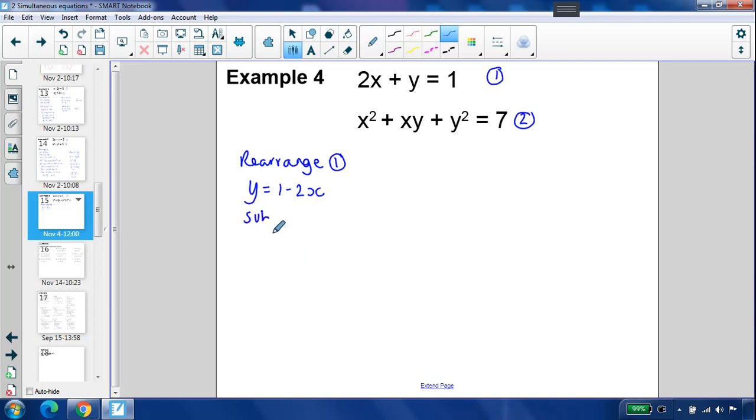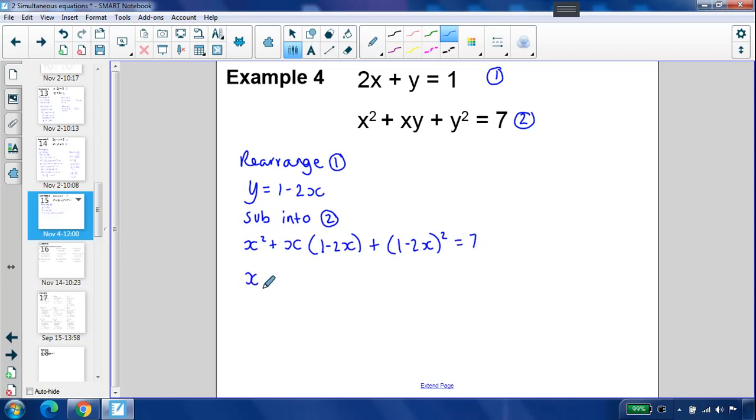And then I'm going to sub it into equation 2. So I'm going to have x squared plus x. Now there's a y here, so I'm going to replace it with 1 minus 2x. And then there's another y here, it's y squared. So I'll put 1 minus 2x in brackets and it's squared. And that is all equal to 7.